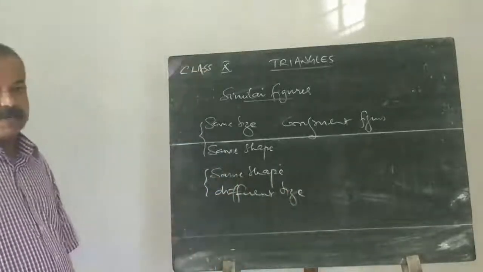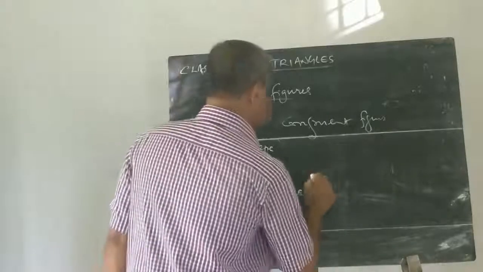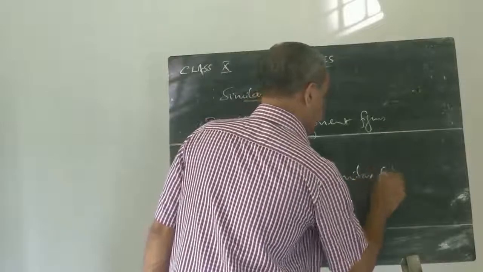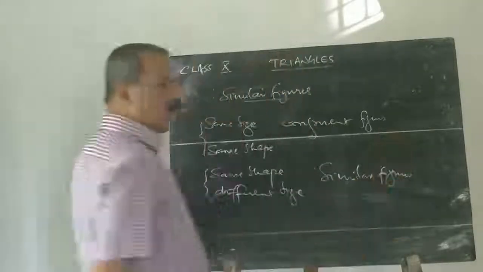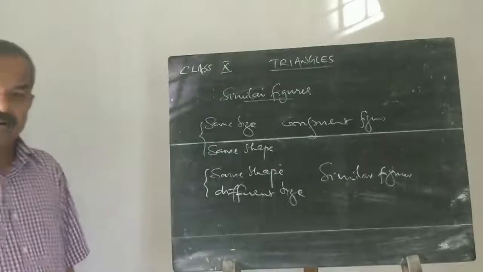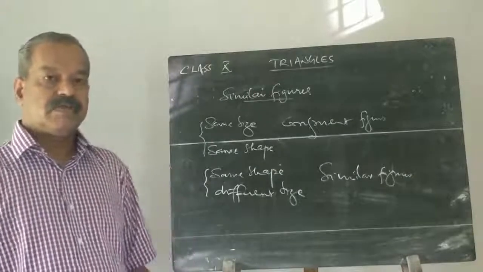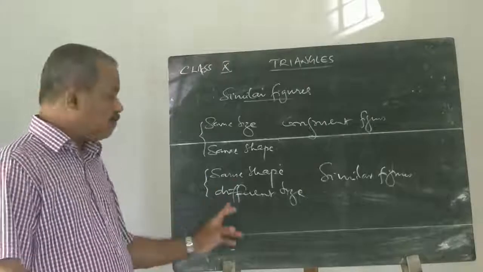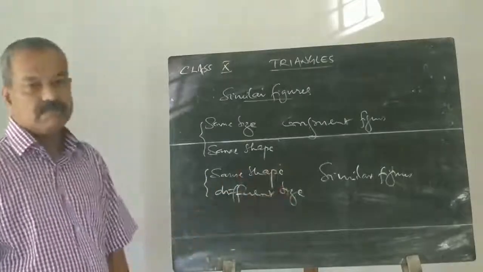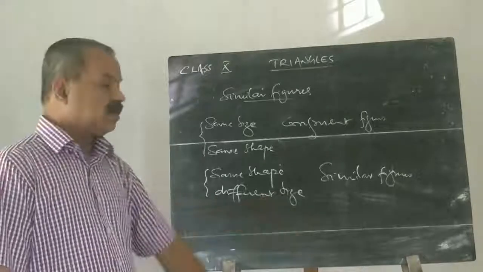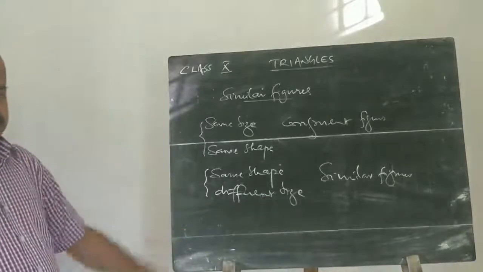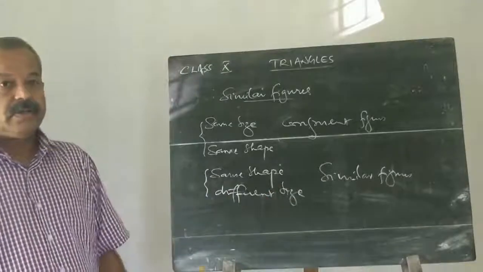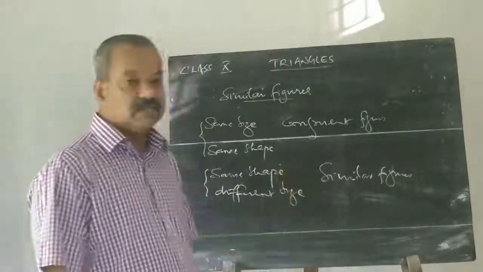Figures having this property are called similar figures. Or polygons with the same number of sides and same shape, but different size, are called similar figures.